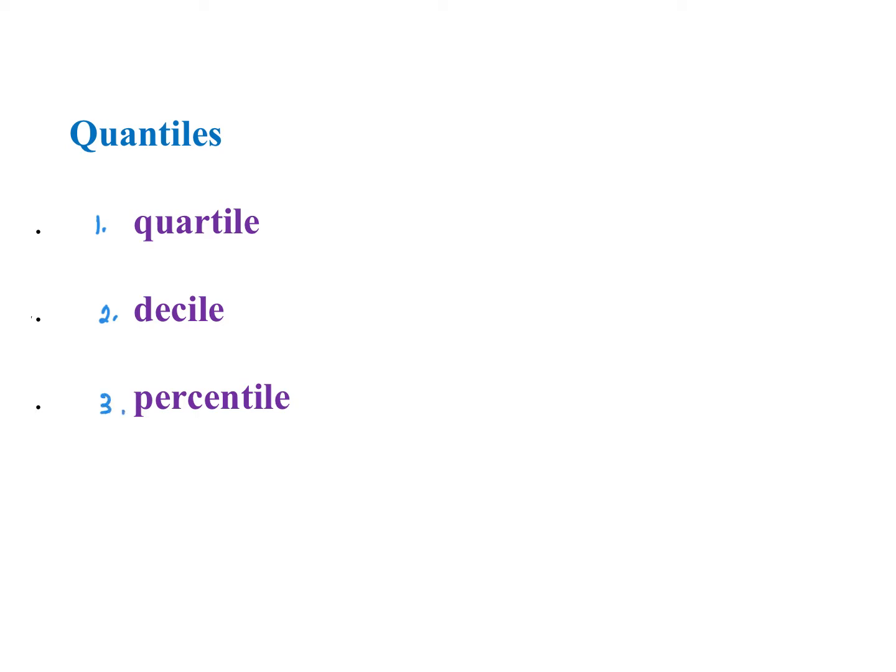So when the values of a data set are arranged from least to greatest, and you divide the values into 4 equal groups, the dividing values are called the quartiles. So the first one is called the first quartile, and we have the second quartile and the third quartile. Now notice here that the second quartile is actually the middle value of the entire distribution, so that is actually equivalent to the median.